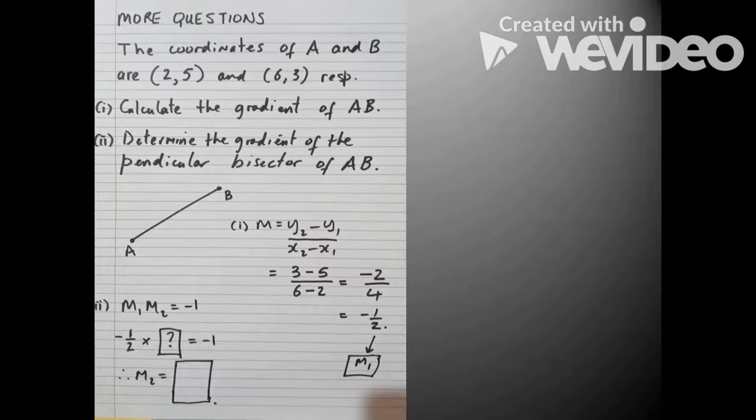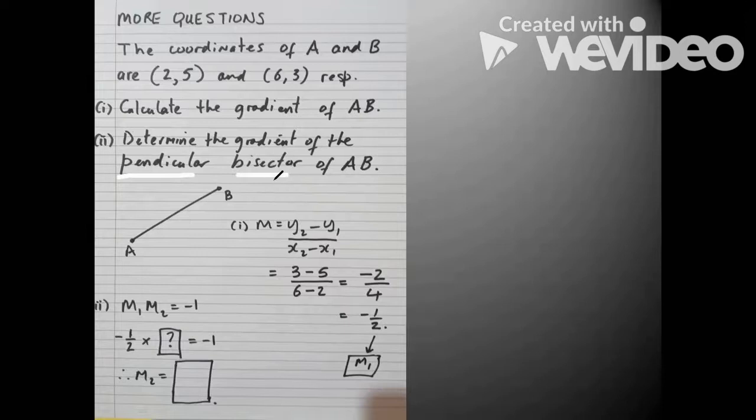So the interesting part of this question is part 2: determine the gradient of the perpendicular bisector. Big word. We know that perpendicular means meet at right angle, true?